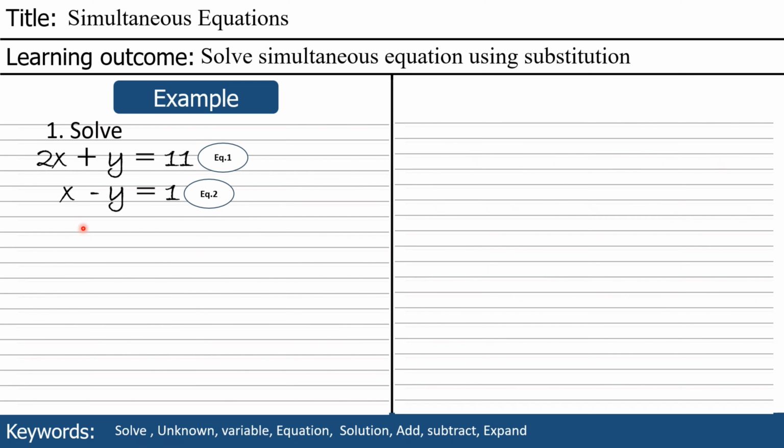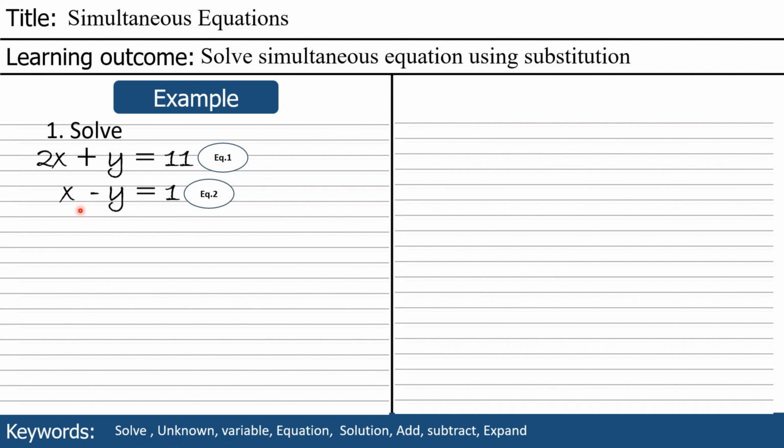Now we need to make x the subject of equation 2, meaning x is on one side of the equation by itself. You could make y the subject, but always try to use the one that you're most comfortable with in terms of rearranging.